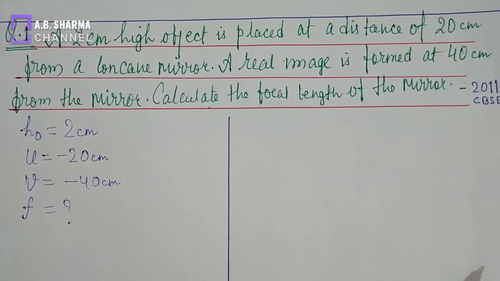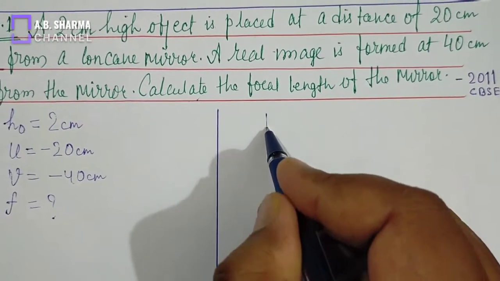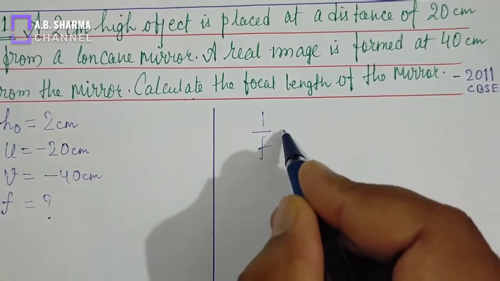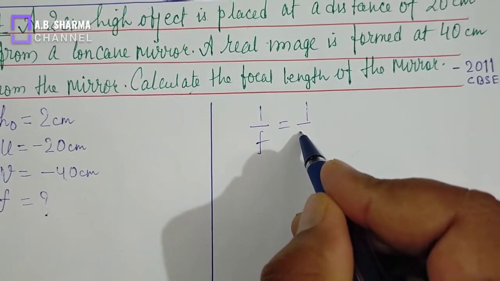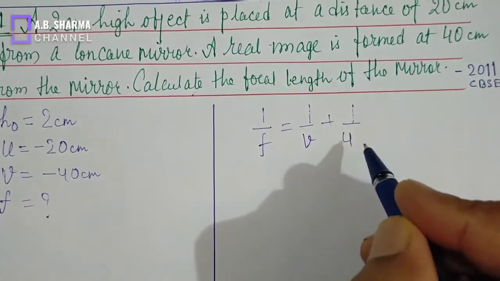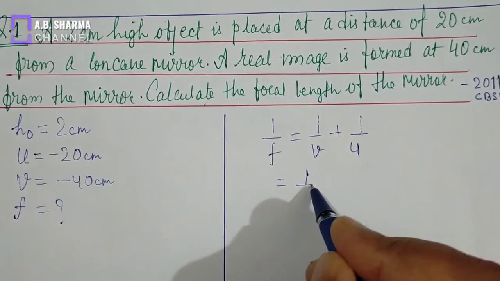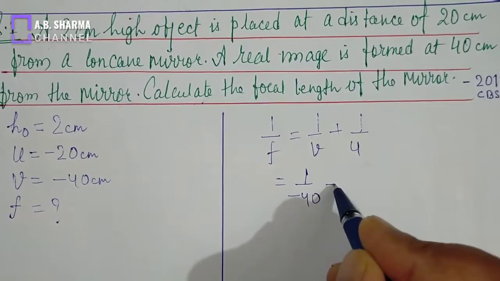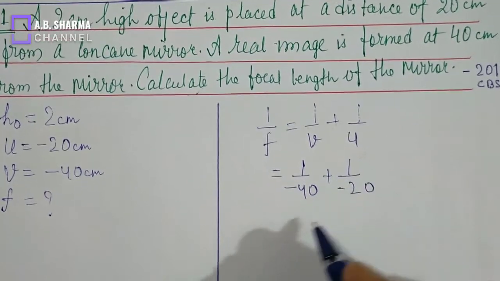So we will use mirror formula to calculate, that is 1 upon F equals to 1 upon V plus 1 upon U, and V equals to 1 upon minus 40 plus 1 over minus 20.